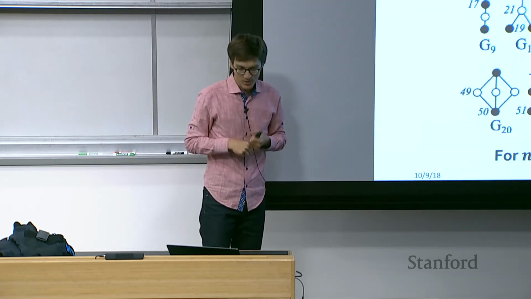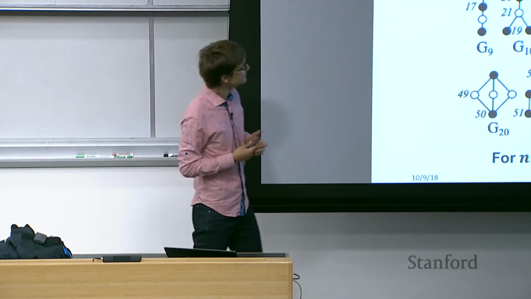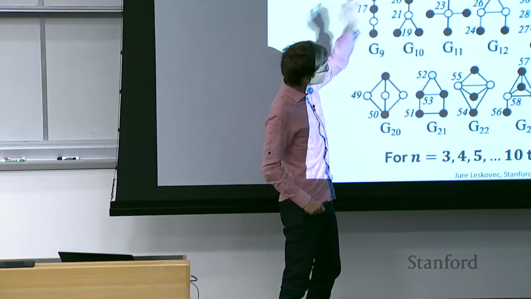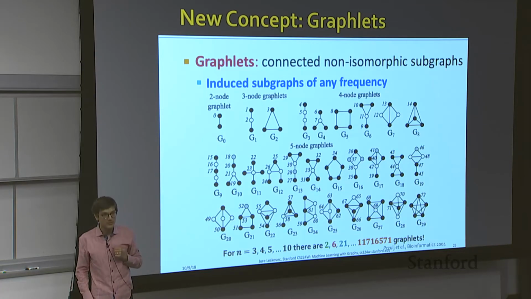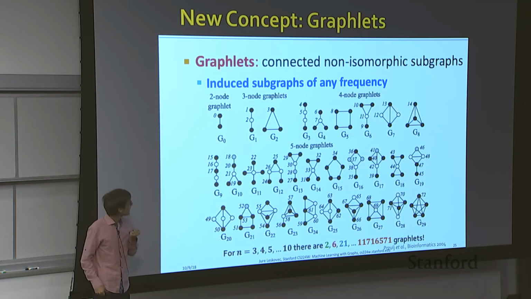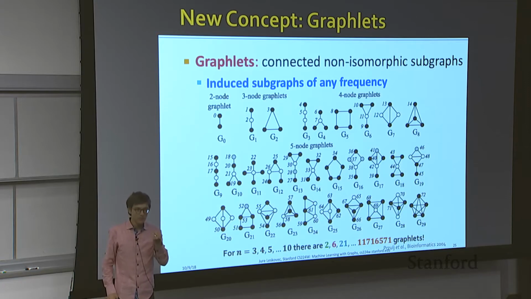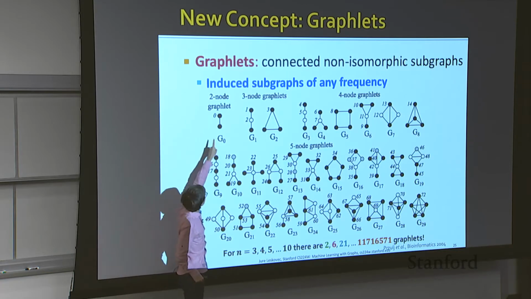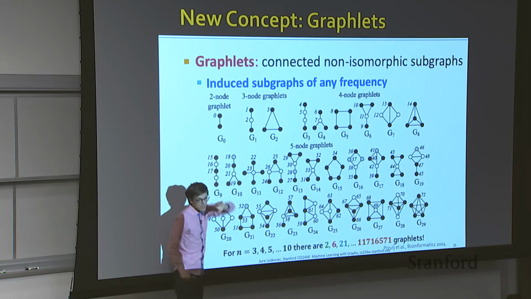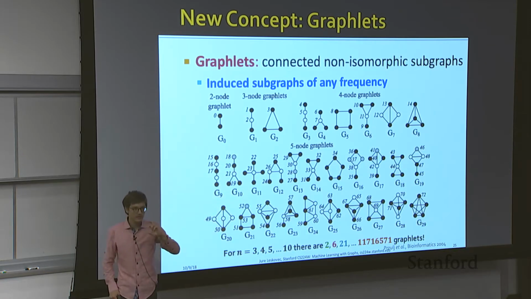Okay? So here is what graphlets are. They are connected, non-isomorphic, induced subgraphs of any frequency. And the point is that these subgraphs will be rooted at a given node. So what does this mean? The numbers 0, 1, 2, 3 show the different graphlets.